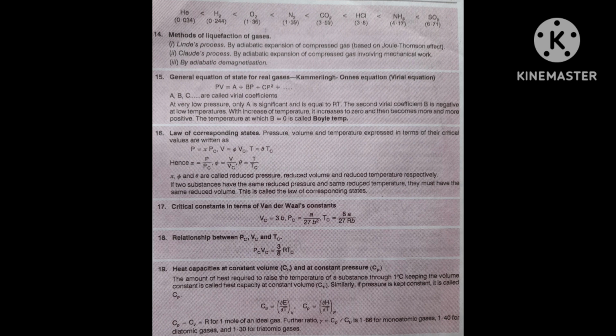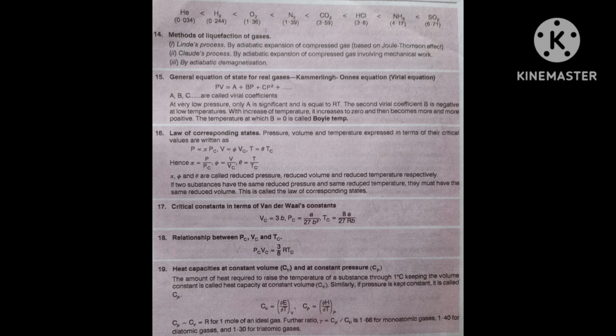And also you should know Cp minus Cv is equal to R. Always Cp is greater than Cv. Why? Because in Cv only the heat required to raise the temperature by 1 degree centigrade is involved.